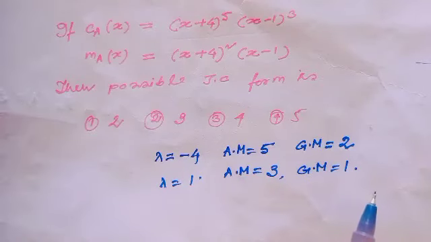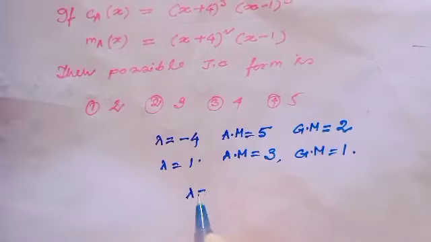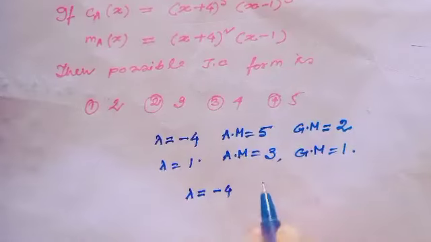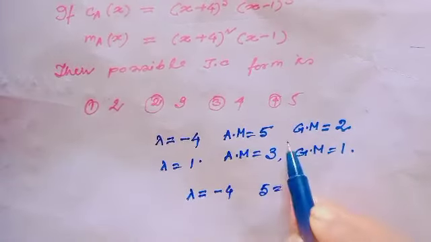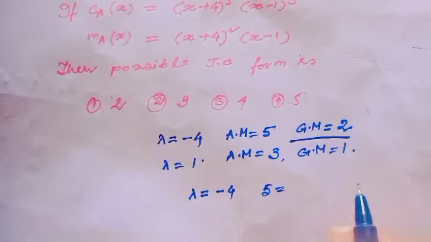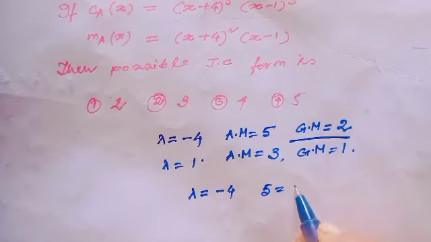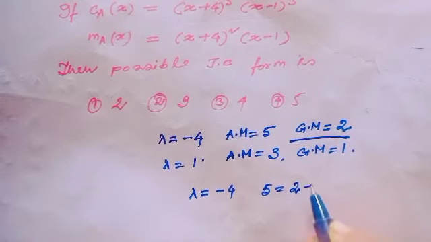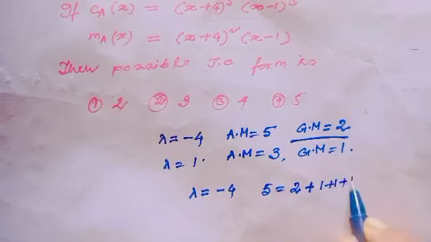Therefore, we can write, corresponding to lambda equal to minus 4, 5 equal to, since the highest possible Jordan block is 2, 2 plus 1 plus 1 plus 1.